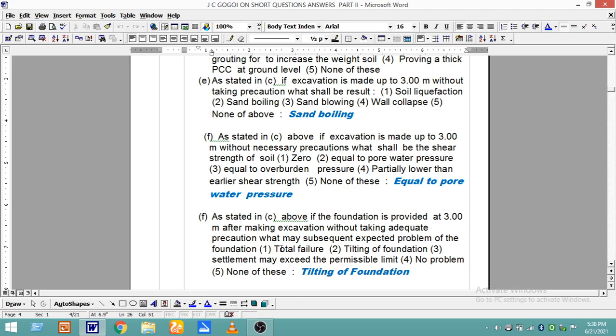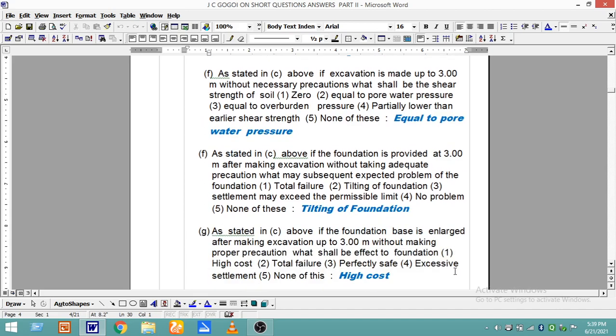Given answer is total failure, tilting of foundation, settlement may exceed the permissible limit, or no problems, none of this. In such cases, the foundation shall be tilted. There may not be a total failure, but the foundation shall be tilted. So the answer is tilting of foundation.